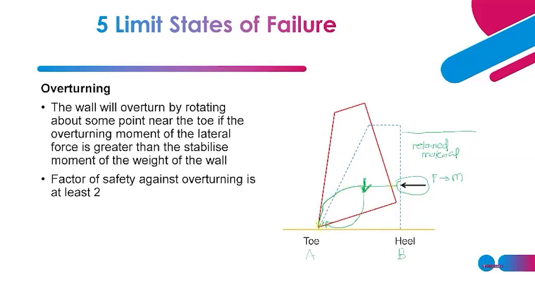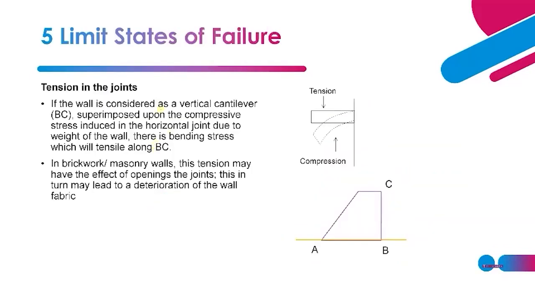This one is bigger, so your wall will overturn sebab dia tak mampu nak stabilizekan you punya retaining wall, so your wall will overturn. Factor of safety against overturning is at least 2. FS lah kita panggil. FS is at least 2. Kalau less than 2, perhaps you dapat 1.8, 1.9, meaning your wall will overturn.